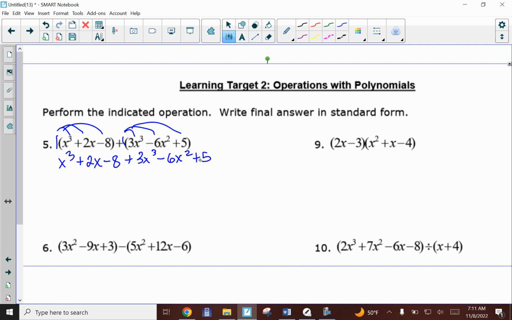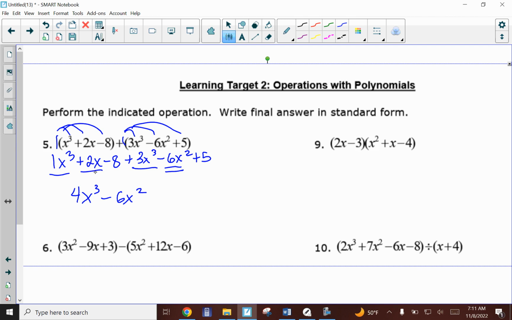And then what I want to do is start to combine like terms. Now, since we want to put the answer in order, we want to start with the highest exponent. So I'm going to start with these guys. This is a 1x to the third plus 3x to the third, so that's 4x to the third. And remember, when you're adding, you just add the numbers in front and then reattach the letter. The next one should be the x squared, and that's the only x squared in the question, so I'm going to bring that down.